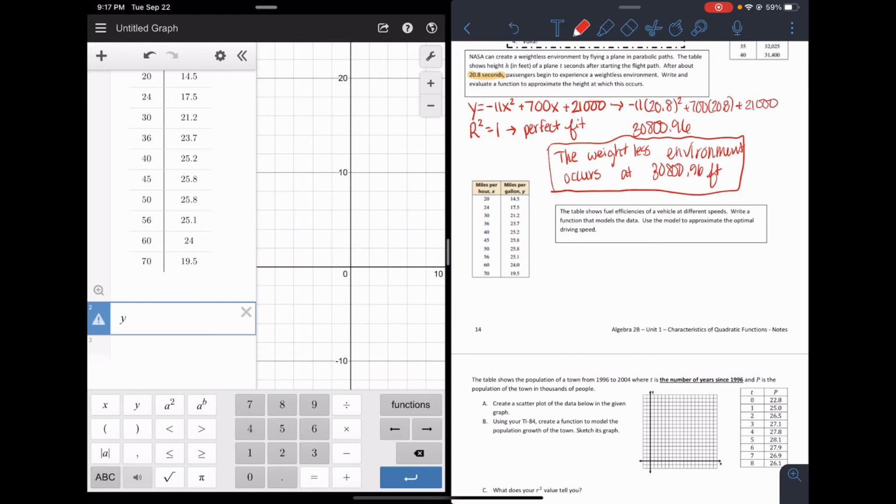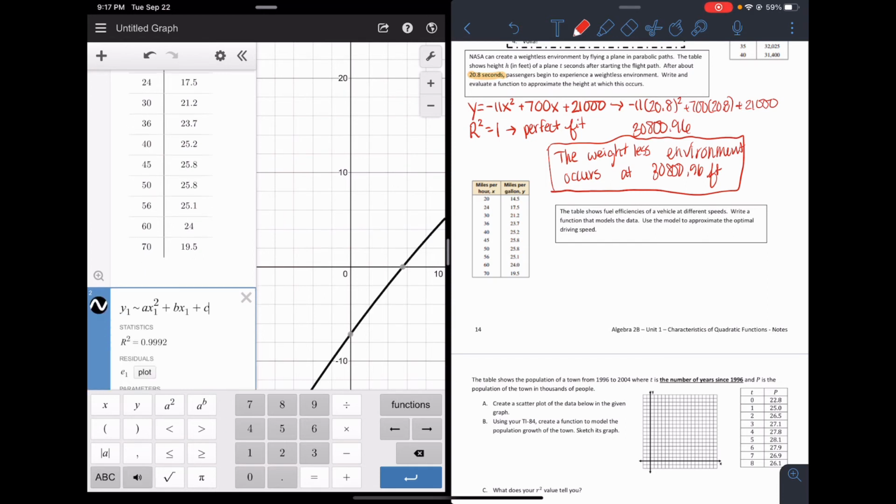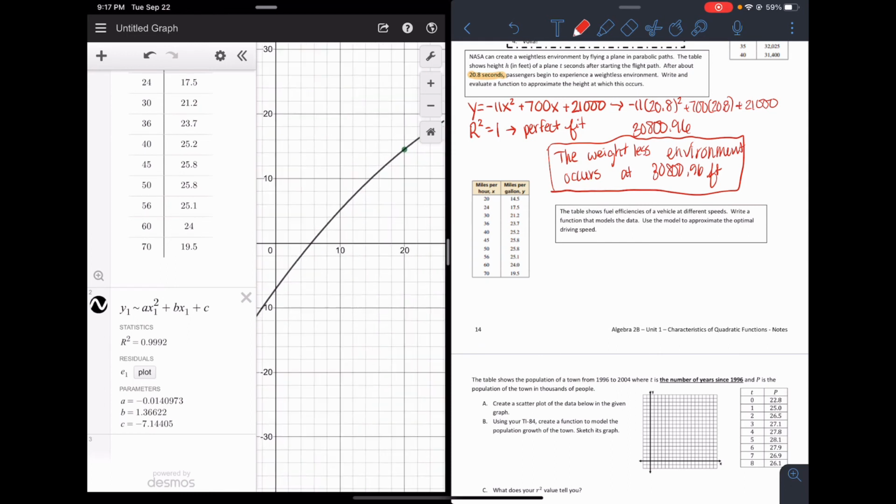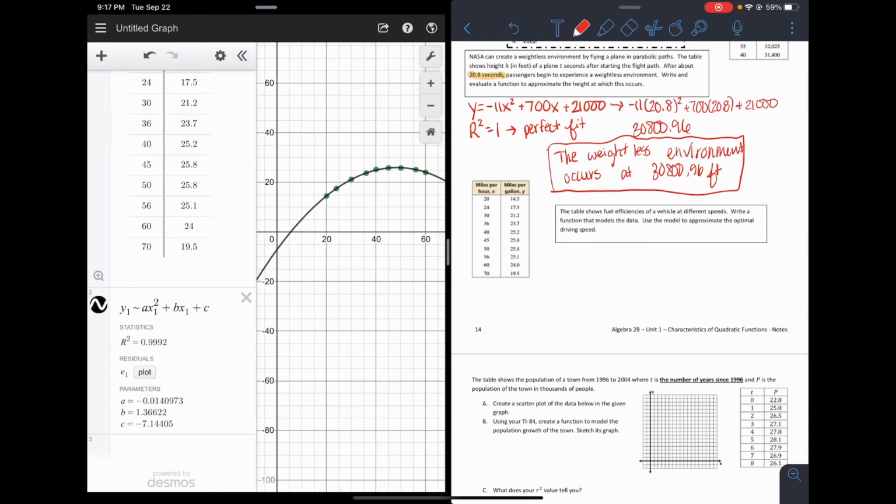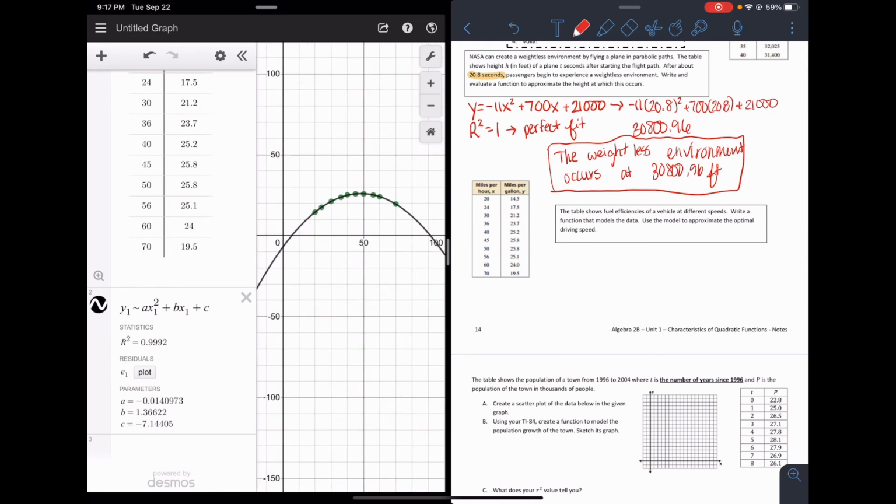So y1 squiggly. All right, I'm just going to zoom out so I can see what's going on here. I think it's always good to just give yourself the picture. We don't need to be super exact in our graph, but it's just nice to have it.